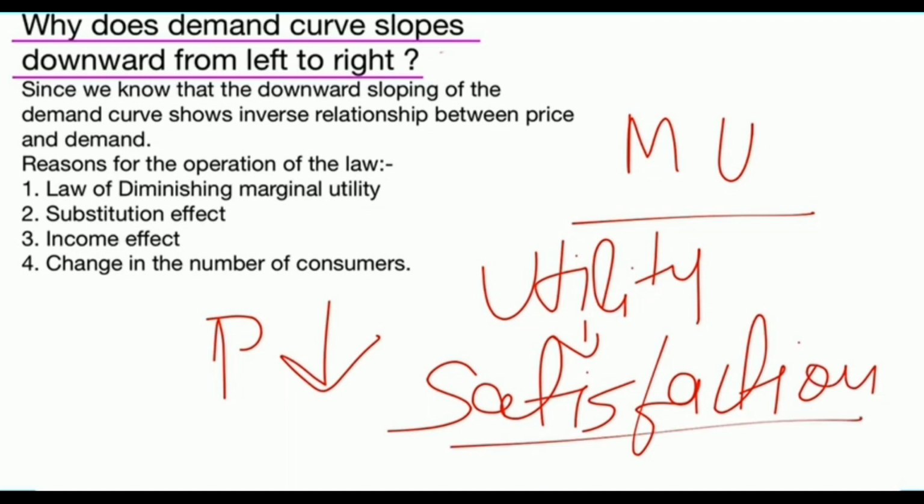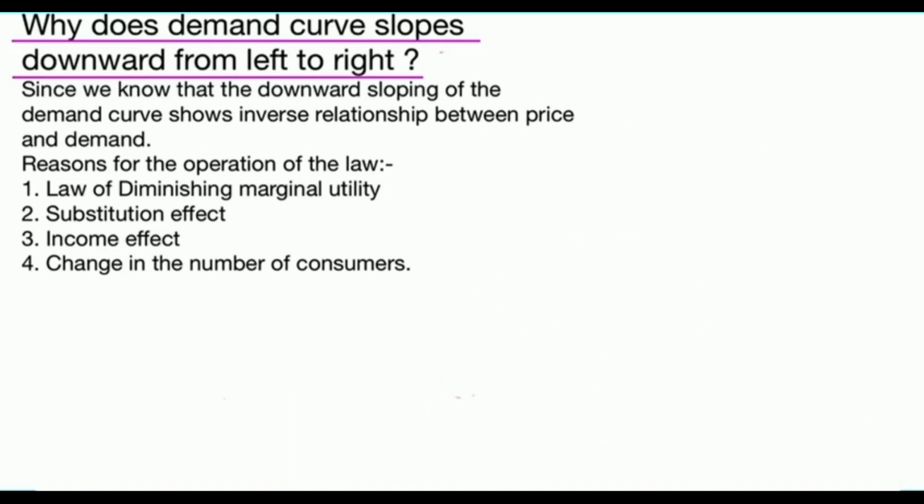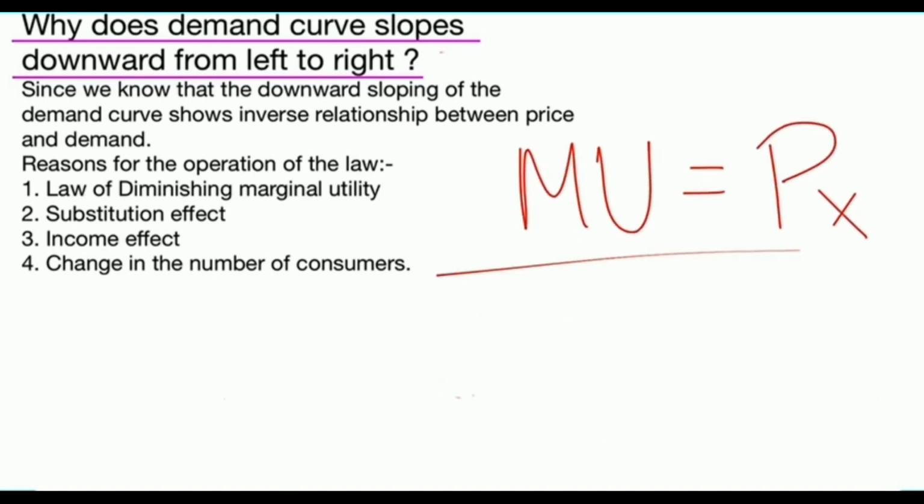That's why we are consuming it. People purchase a commodity to the extent where its marginal utility becomes equal to its price. Till that time, the consumer will continue to consume that particular product.